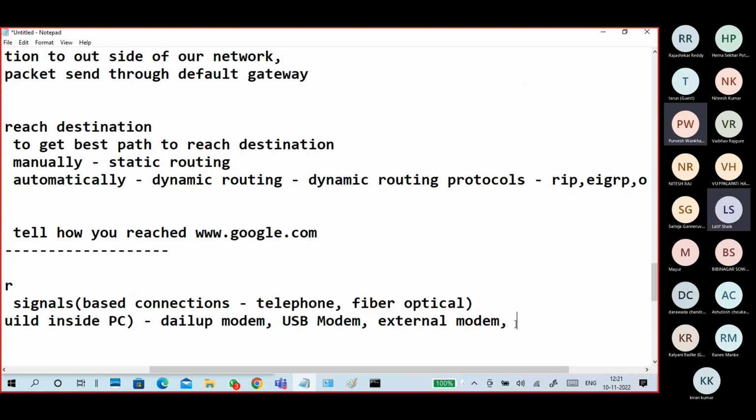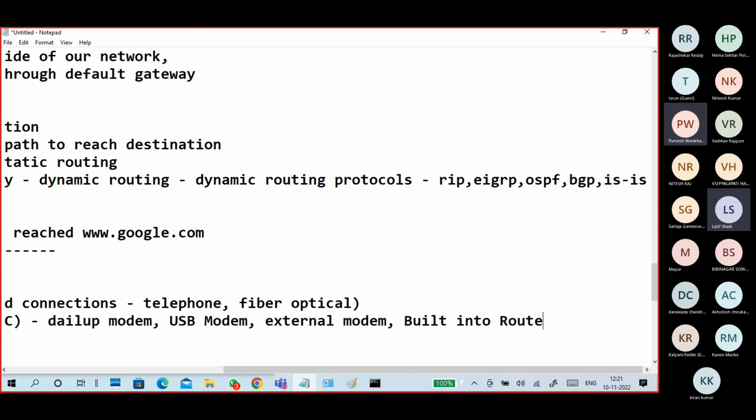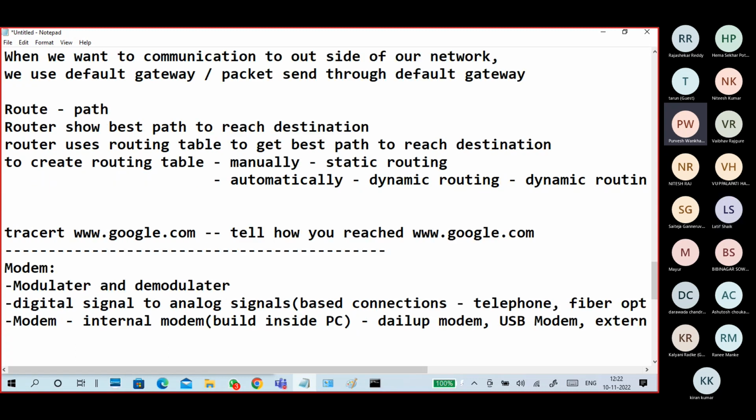External modems mean it is additionally there. USB modems. Built into router type of modems also there. The modems are built inside your routers also.